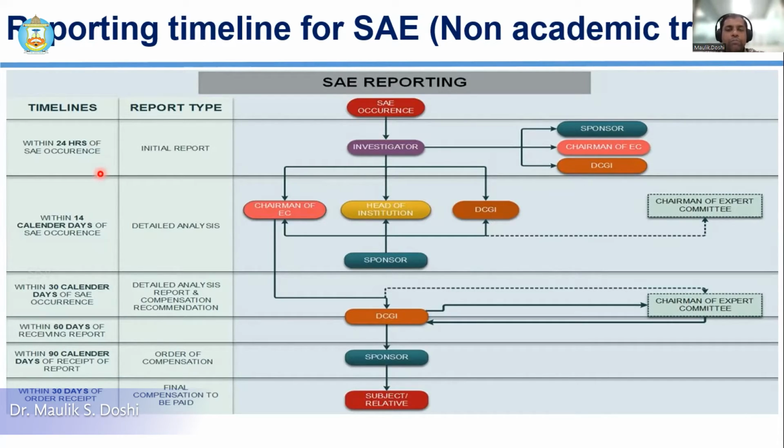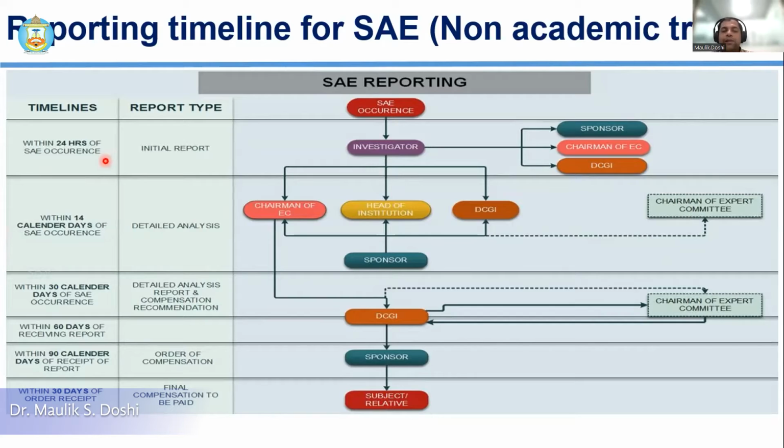I do agree with you, you might have experienced that even to report within 24 hours of SAE occurrence, you should be informed within 1 or 2 hours by the patient. If the patient is hospitalized in a nearby hospital, he has to inform his investigator that he is hospitalized. It is possible that the site will also not come to know within 24 hours.